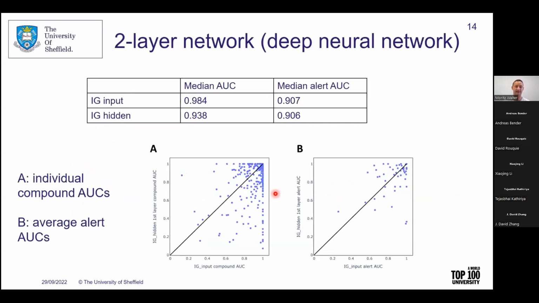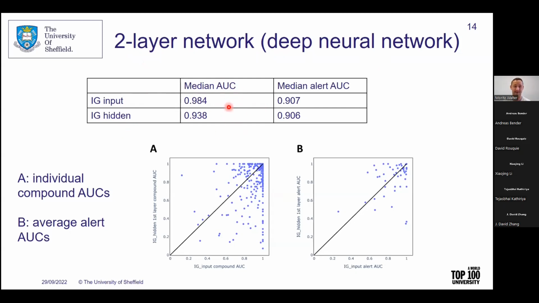Then one more thing we looked at was to extend our work from just looking at a neural network with one hidden layer to a deep neural network, which has at least 2 hidden layers. Here we first applied my method to the first hidden layer to see if it still gives good explanations.